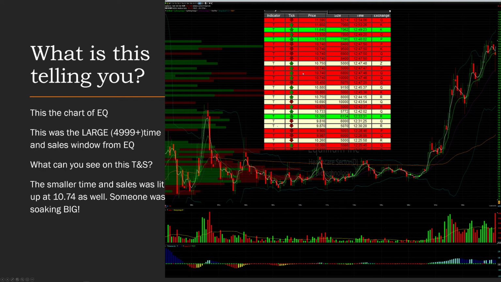What stands out to you on this tape for EQ? Jason says red. Yeah, lots of it, right? Lots of red. What else? Anything else? What price, Michael? What price sticks out to you? What price is sticking out to you on this tape?